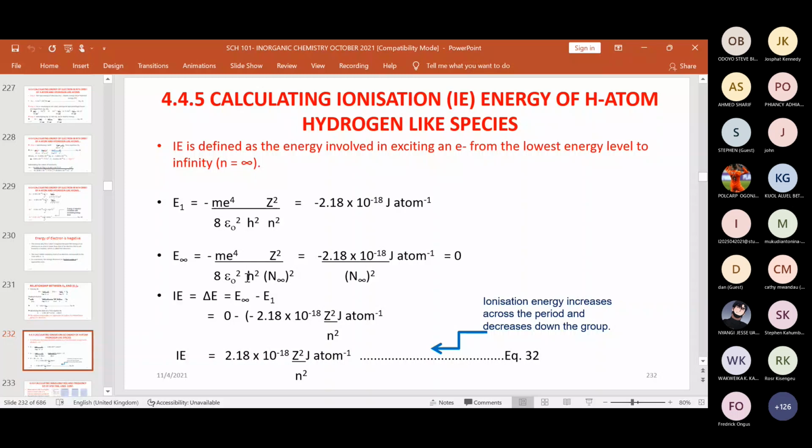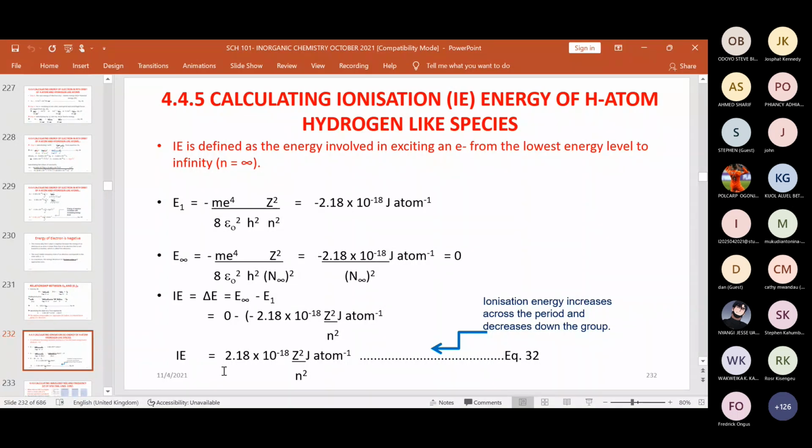So we subtract the energy for infinity minus the energy for the first level. You end up with plus 2.18 times 10 raised to power negative 18 Z squared over n squared joules per atom. What this means is that the value is going to be the same if you knock out an electron from the first energy level completely out of the atom, but now the sign is not negative, the sign is positive.